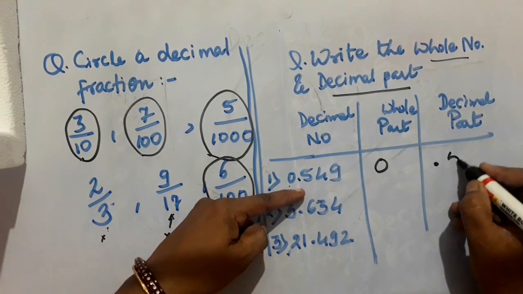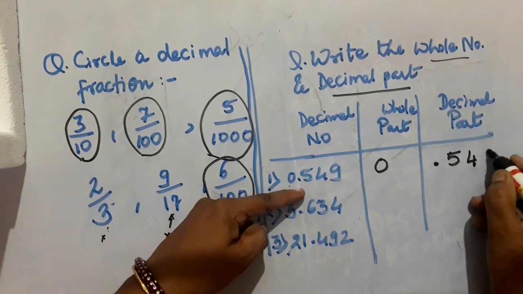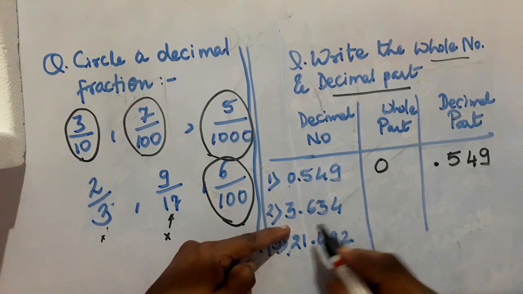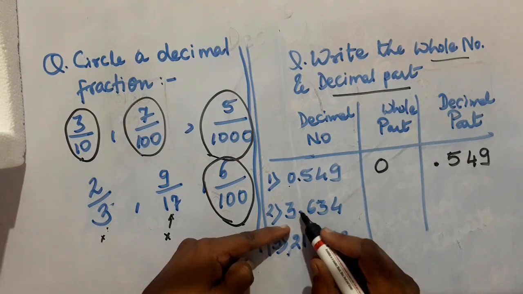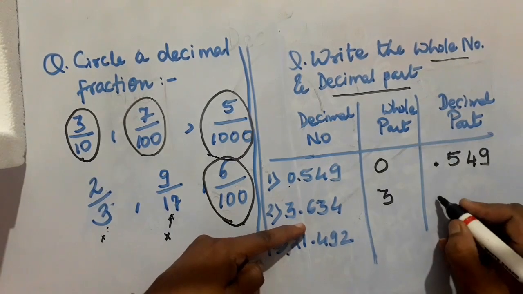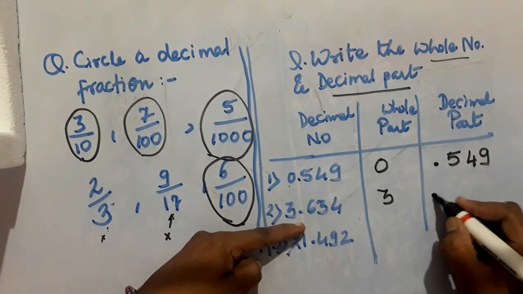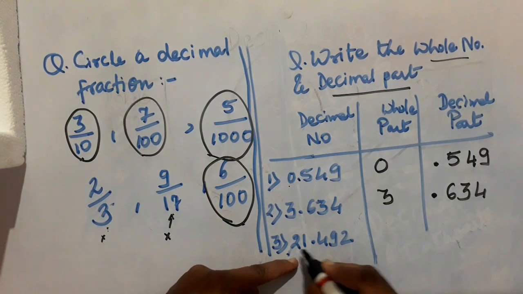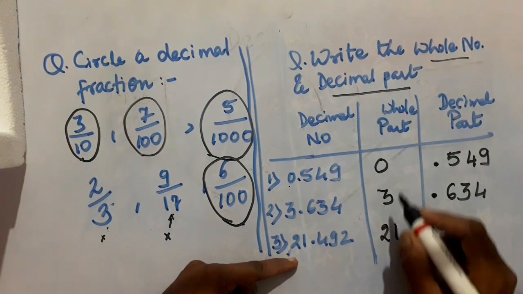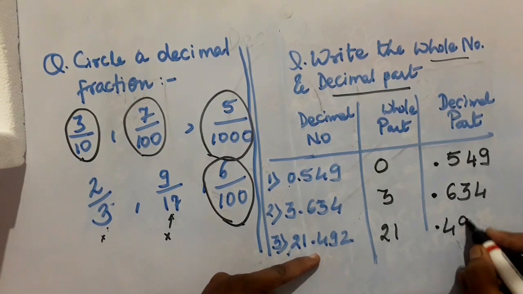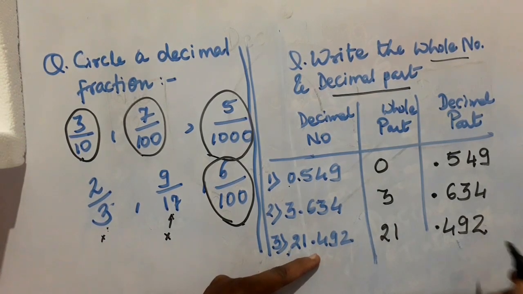Write with a decimal point, 0.549. The second question, 3.634. So before the decimal point 3, which is your whole part. After the decimal point, 0.634. Before the decimal point, this is 21, which is your whole part, and after the decimal point, that is 492. This is your decimal fraction.